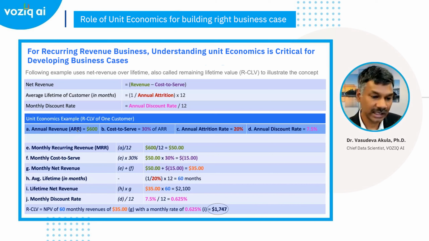So that's the unit economics. Now, when you impact any of these numbers, this number, 1,747, will either go up or go down. Our objective now is to figure out how to improve this one.